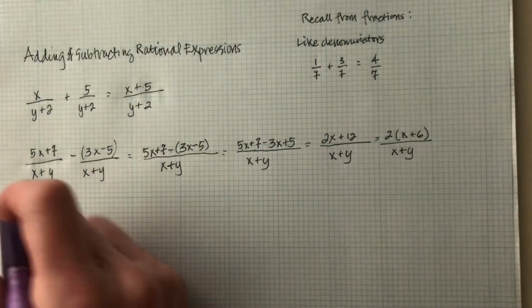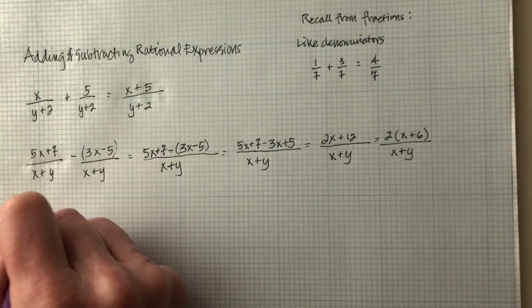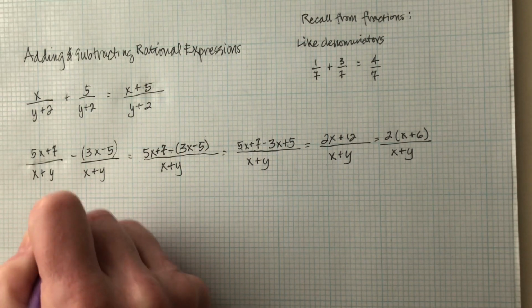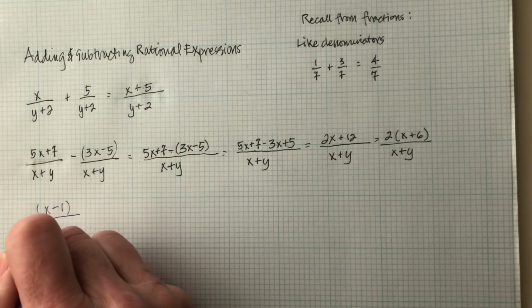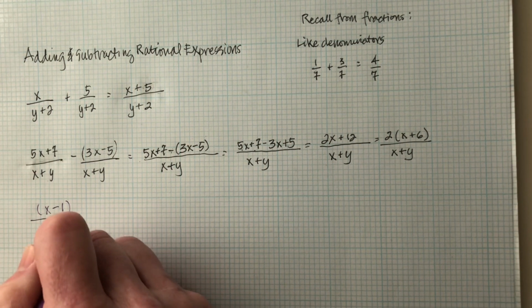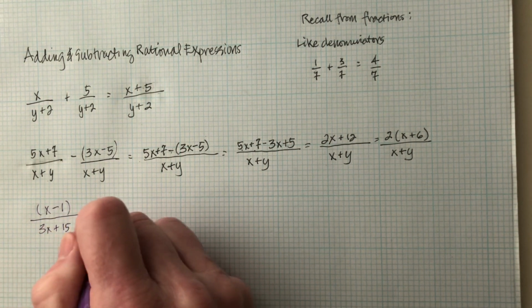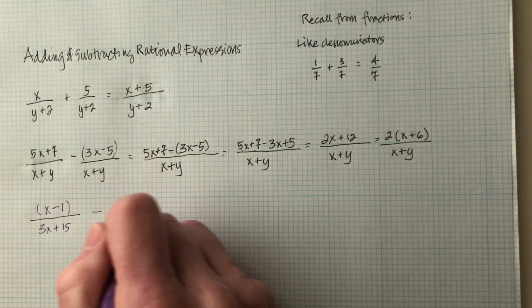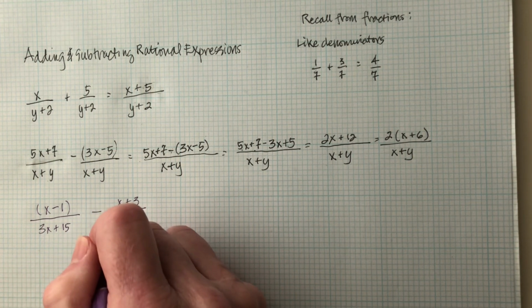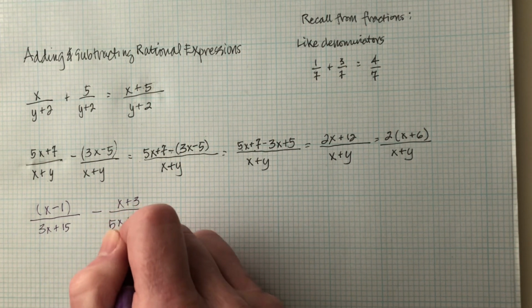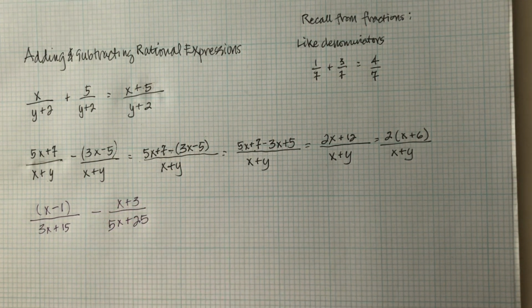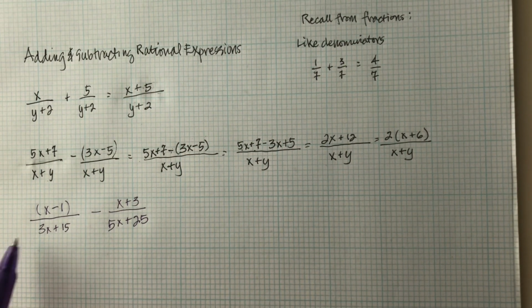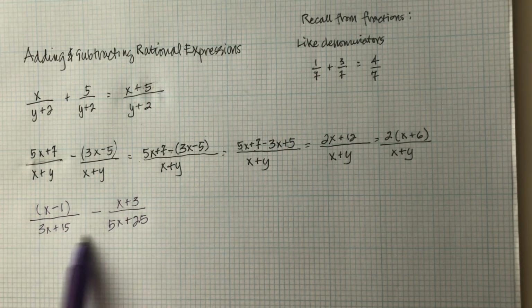So what we're going to start with is the quantity x minus 1 over 3x plus 15 minus x plus 3 over 5x plus 25. I didn't really need to put this in parentheses right away, but don't worry about it because we're going to add some parentheses in a moment. So first we're going to focus on these denominators.